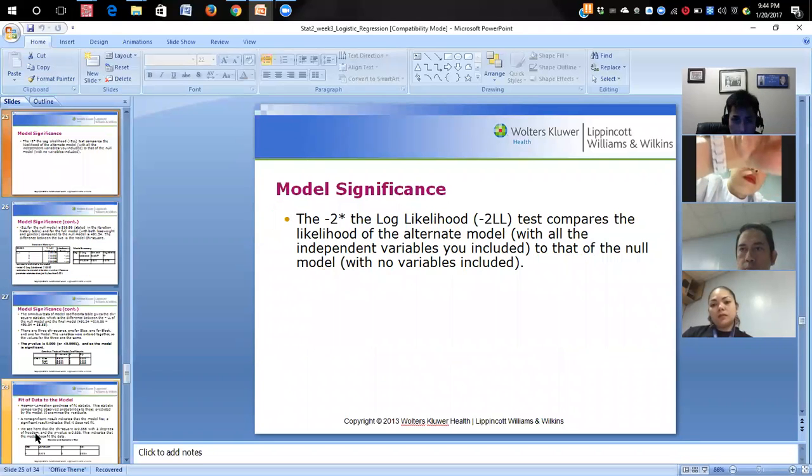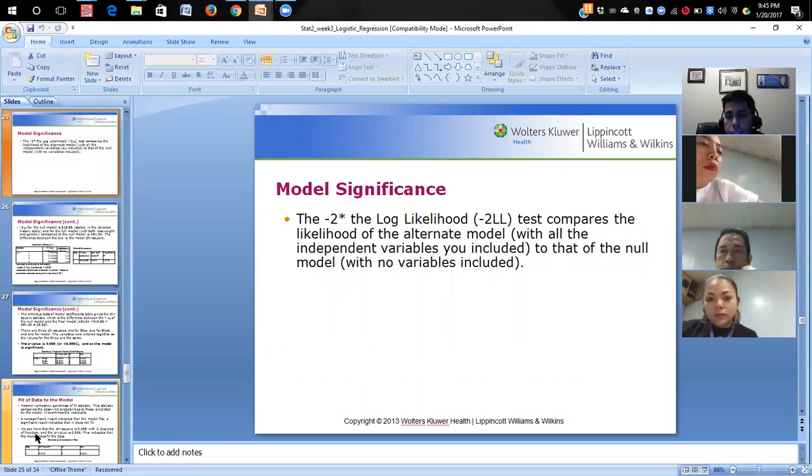And the model significance is the most important thing that we need to look at when we interpret SPSS output, which is the -2 of the log likelihood. So that is -2 LL. That's exactly what we're going to look at in the SPSS output. This test compares the likelihood of the alternative model. You have your null and your alternative hypothesis.